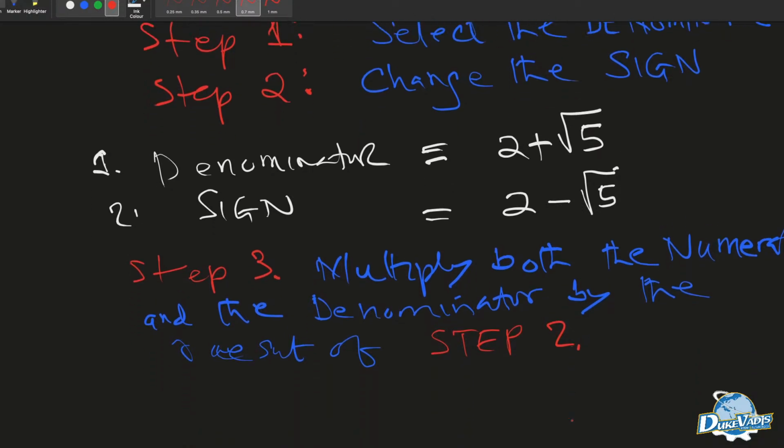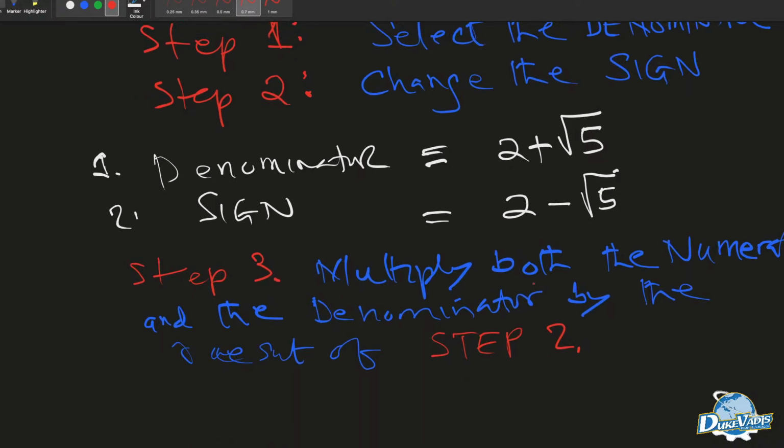So our question, as we saw earlier, was 8 over 2 plus root 5. Okay, root 5. That's what it is.